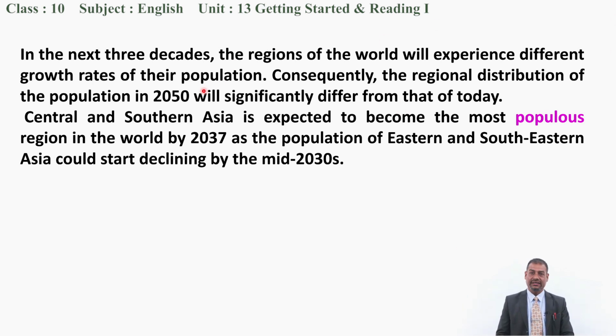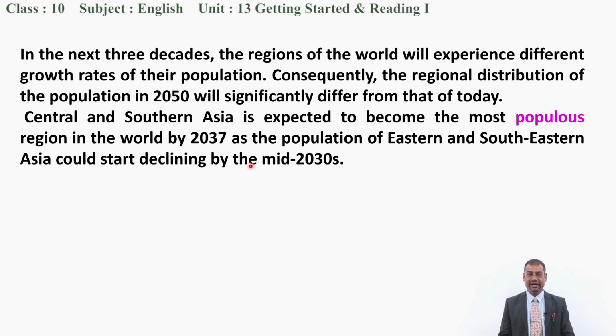Now in the next paragraph, Central and Southern Asia is expected to become the most populous, the region with the most population in the world by 2037, as the population of Eastern and Southeastern Asia could start declining by the mid-2030s.